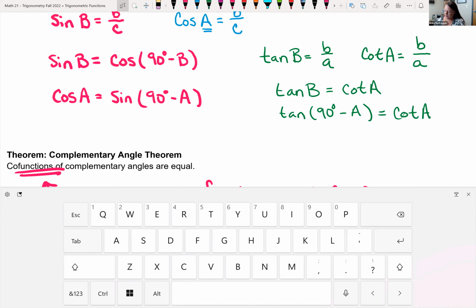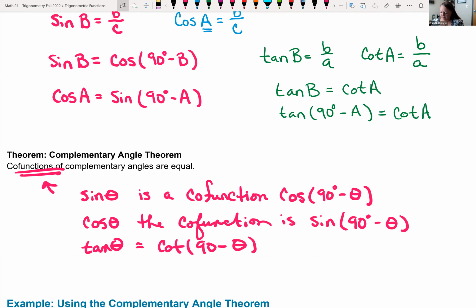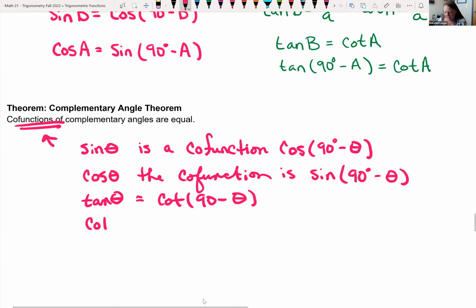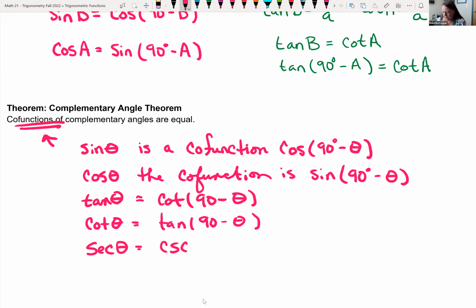You can say cotangent theta is equal to tangent of 90 degrees minus theta. We didn't show it, but secant theta is equal to cosecant of 90 degrees minus theta, and cosecant theta is equal to secant of 90 degrees minus theta.